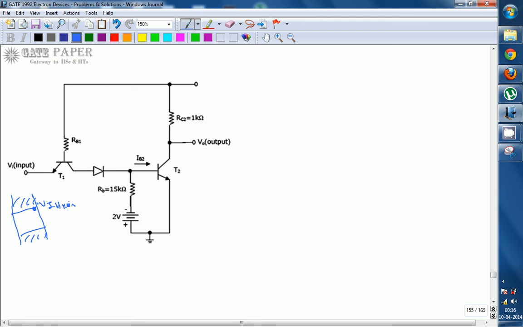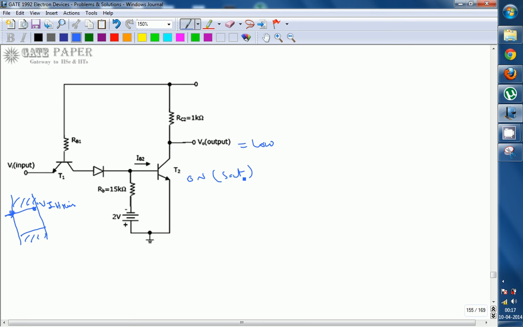It must be such that the output will be at low level. So what must be the minimum value of high level you apply such that T2 will be in the on condition, that is saturation, so that the output is treated as logic low level.